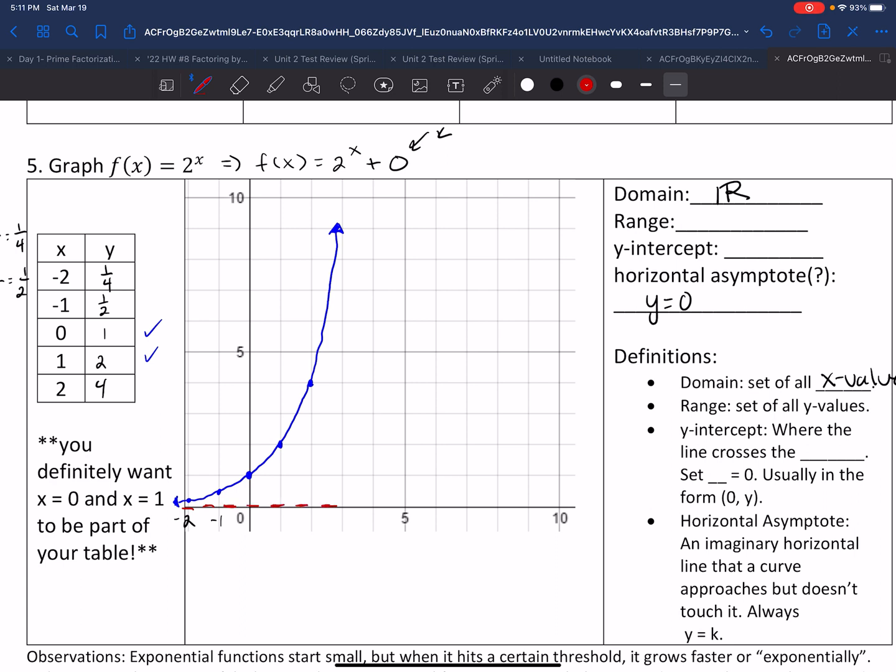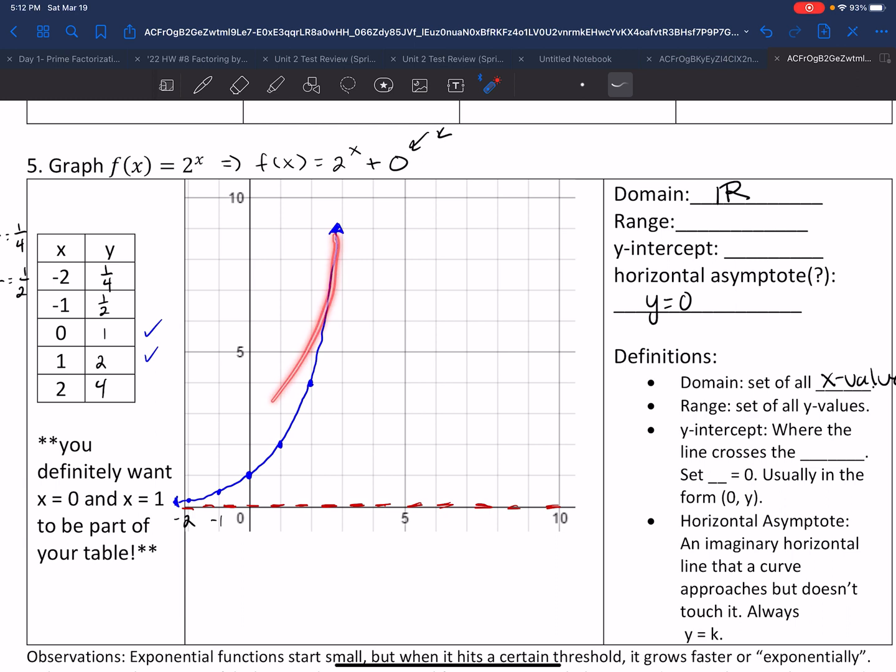Okay, this is our horizontal asymptote. Again, if we take a look at this particular function, it will approach this imaginary line, but it will never touch it, and that's what the asymptote is.